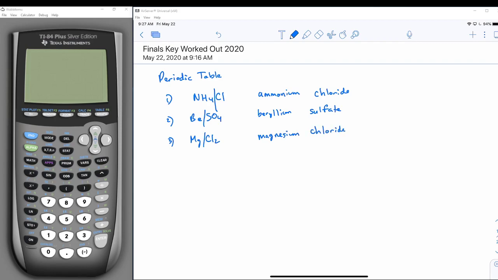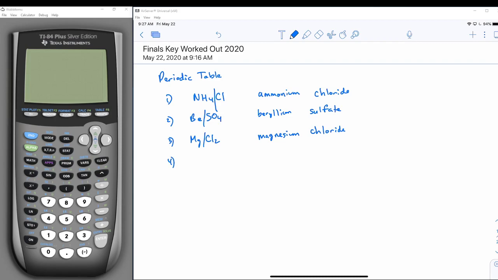Notice that for a lot of these formulas, we don't write how many of each we have because these ions have specific charges, and in ionic compounds you have to equal 0, so there's only one possible simplest ratio between the ions here. So for Mg and Cl, Mg is always 2 plus, Cl is always 1 minus, so therefore the ratio is always 1 Mg to 2 Cls.